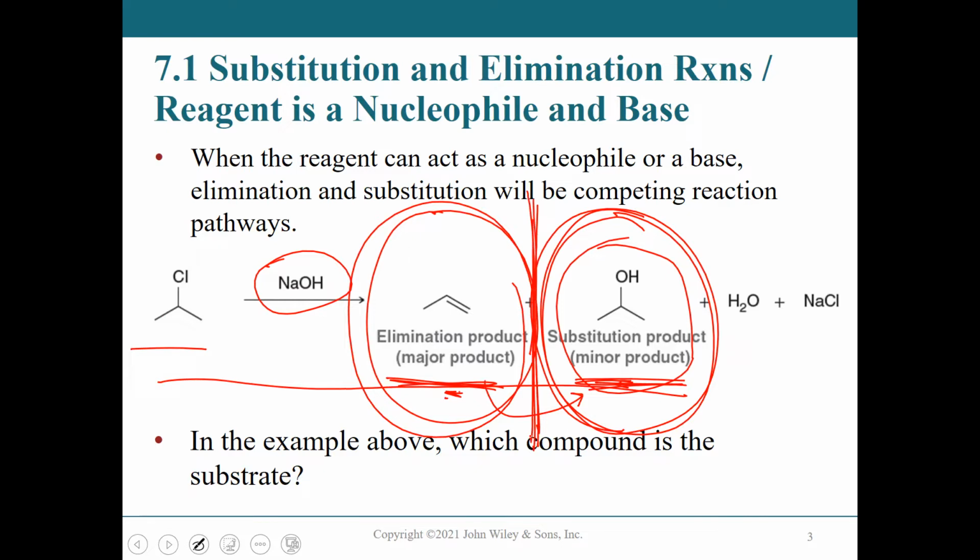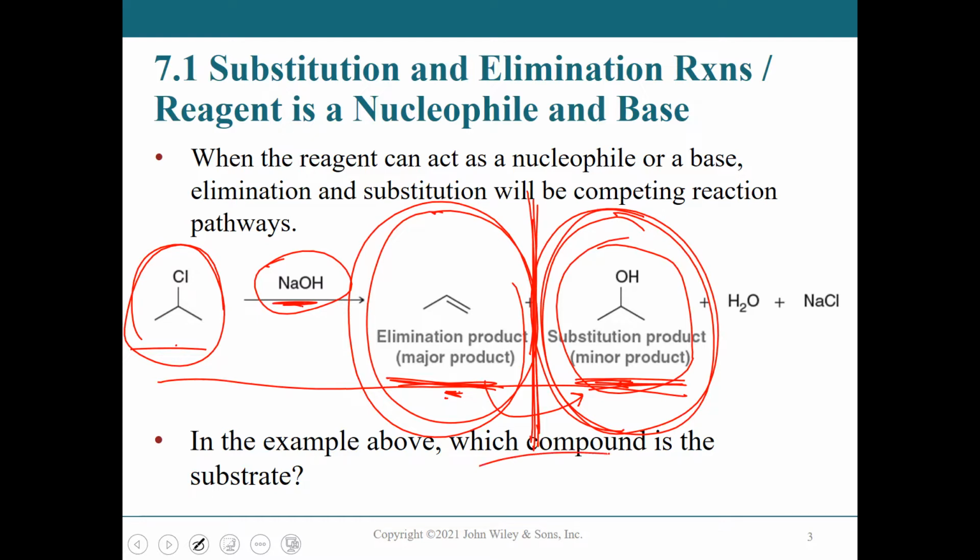They are really very connected, but for our studying purposes, just consider substitution separate from elimination. They both use the same substrate, even the same reactant, but they give you different reaction products. That's why I would like to keep them separate. So we're only focusing on substitution products.